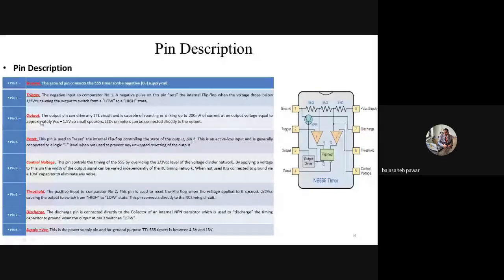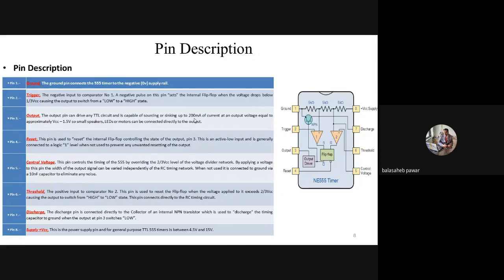Similarly, pin number 3 is the output pin, the output drive, capable of sourcing or sinking up to 200 milliamperes of current. This is very important whenever you are driving any load. Suppose you have to drive an LED directly, just turning it on and off.